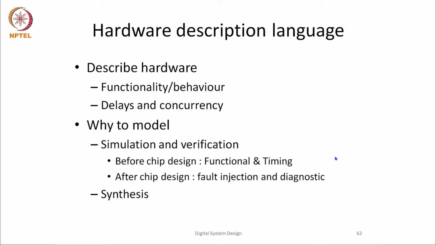What do we mean by hardware? Hardware means that we will have logic gates, and we may have other hardware things, like chips, modules or processors. So we want to describe them, and one method we have been learning in this course is to describe them by Boolean equations.